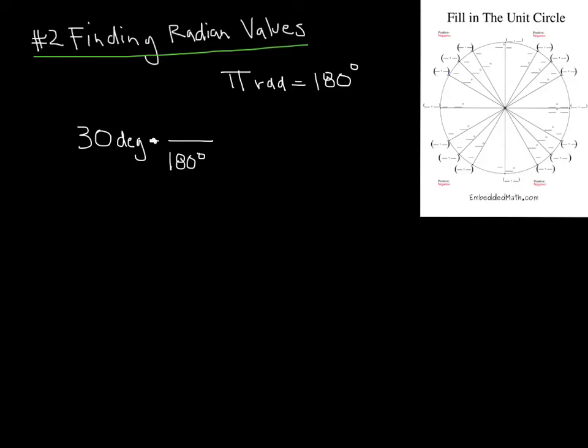To make it easy for you, let me just spell out the word degrees. 180 degrees and pi radians. We see that the degrees cancel, so we end up getting 30 pi over 180, which reduces to pi over 6, because 30 goes into 180 6 times.